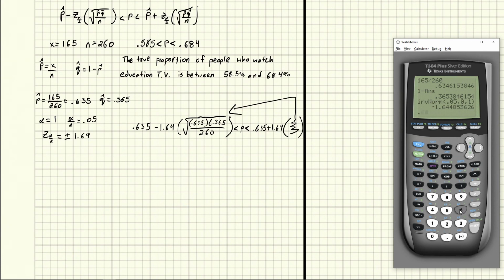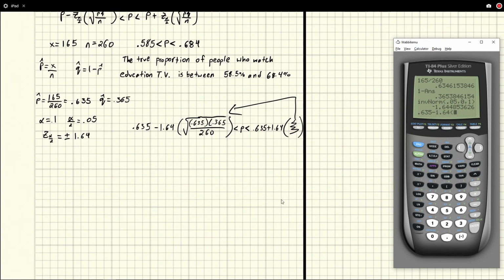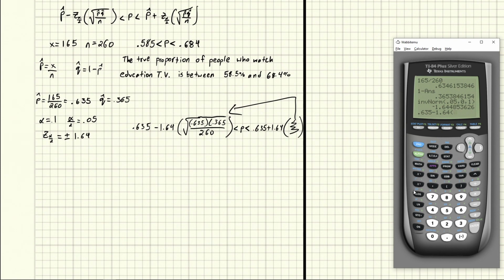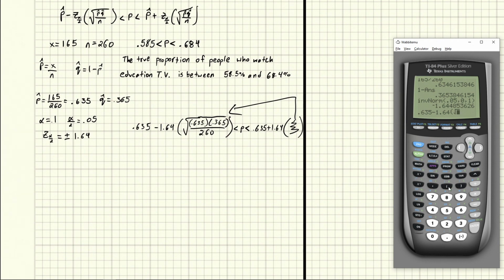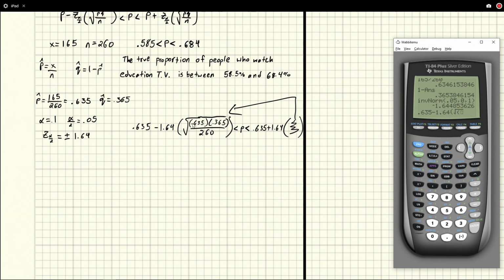So we've got 0.635 minus 1.64, parentheses. Now it wants a square root, so we put down second square root. And we want this top half to be done independently. So I'm going to put parentheses for the top part, and then I'm going to put more parentheses for these things.